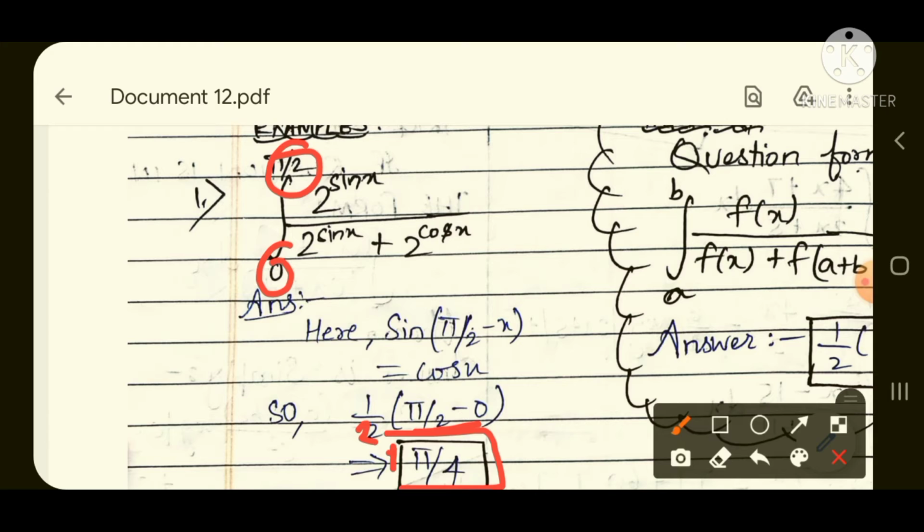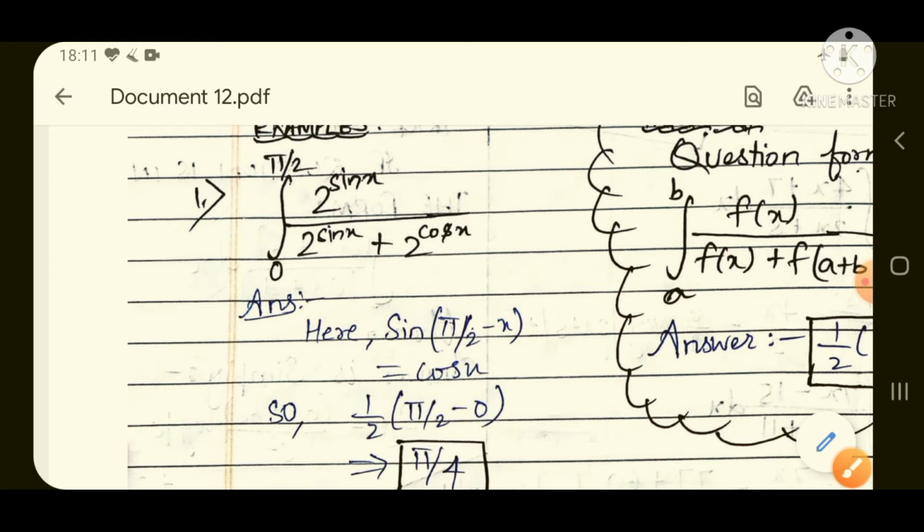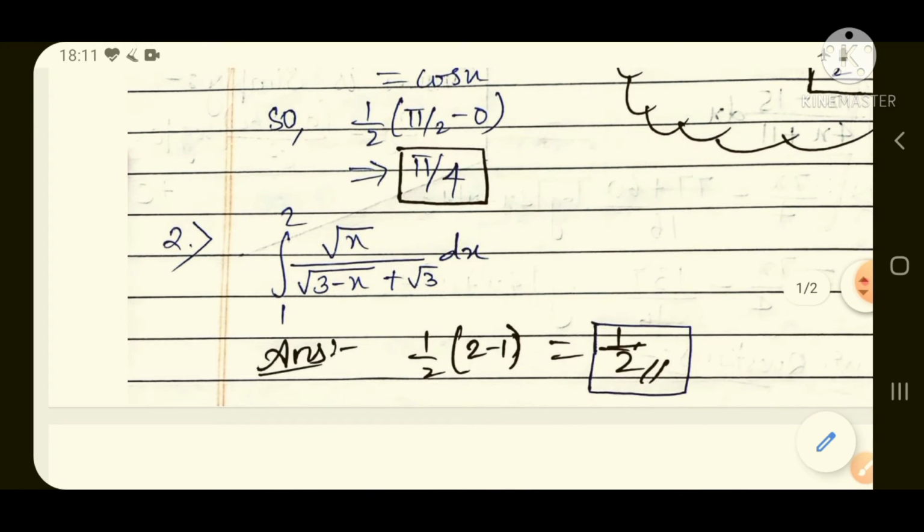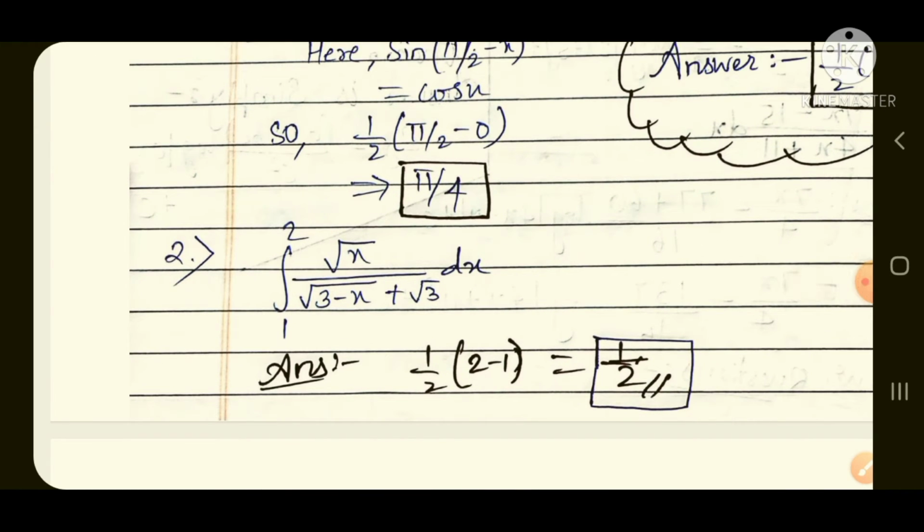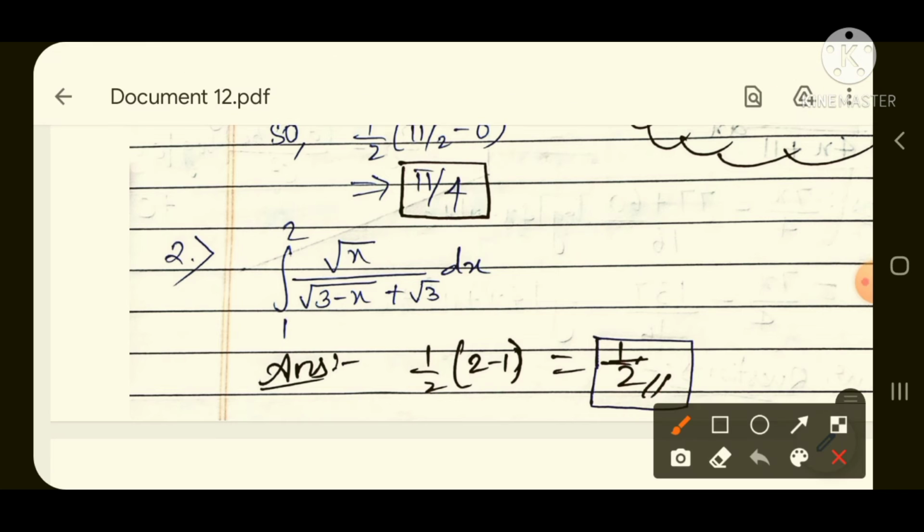So I think you would have got this technique in just one example itself, but still for better understanding, I would take a second example. In the second example also we have f of x here, and again f of x here, sorry, this is x, please correct it.